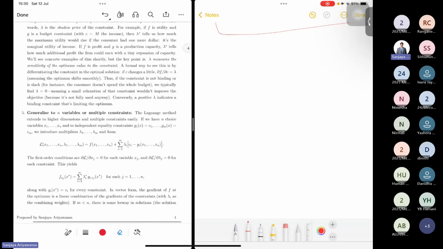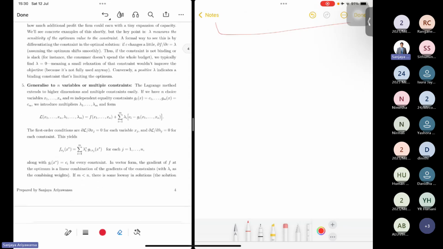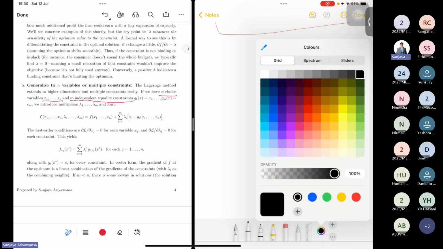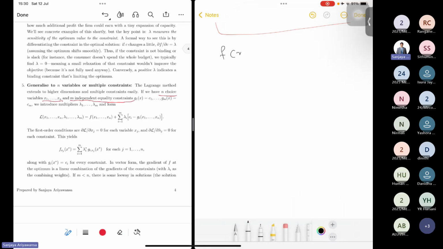So here, step number 5, I've just generalized this. Now earlier I had 2 independent variables. Here we are talking about if we have n independent variables with m independent equality constraints. Remember, we are talking about equality constraints. So earlier, what did we have? Earlier we had only 2 independent variables for your function subject to only one equality constraint.